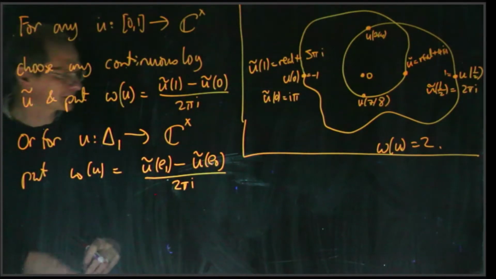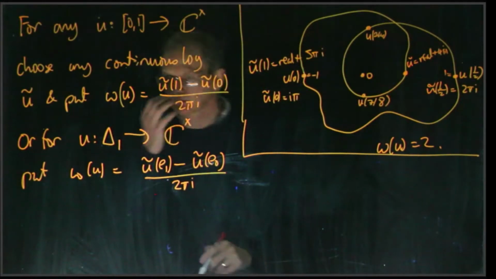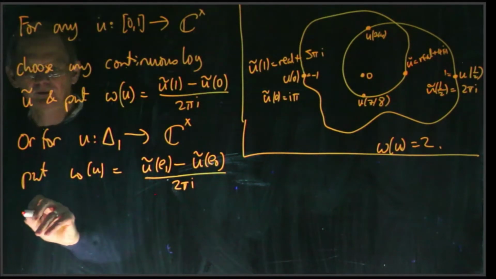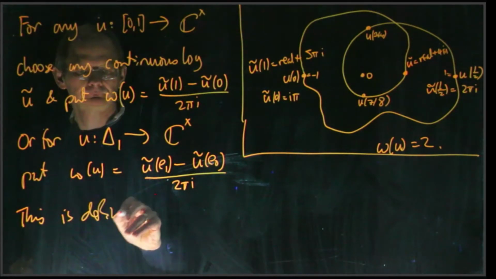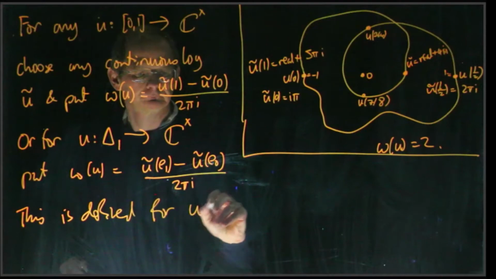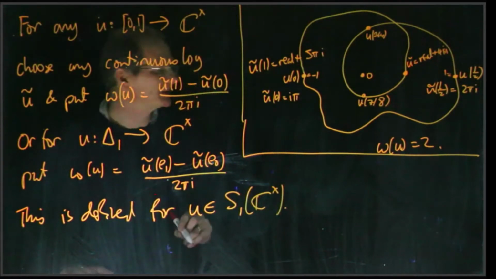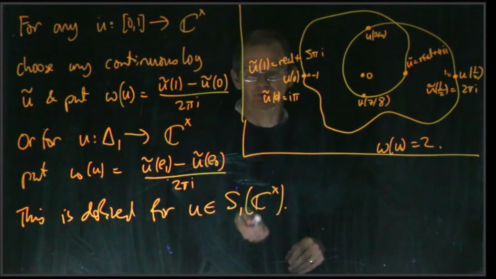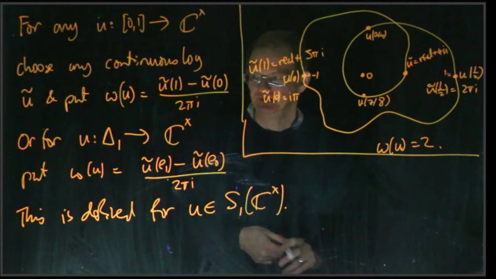So now that defines our omega in the context of a single path. Remember S1 of C cross is the set of continuous maps from delta 1 into C cross.